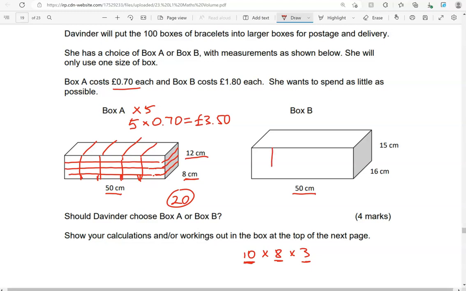Looking at box B, the length is 50 centimeters, and that means we can fit 5 of the smaller boxes into it, just like for box A. The width is 16 centimeters, so we can fit 2 of them. So this goes like so. And the height is 15 centimeters, so we can fit 5.